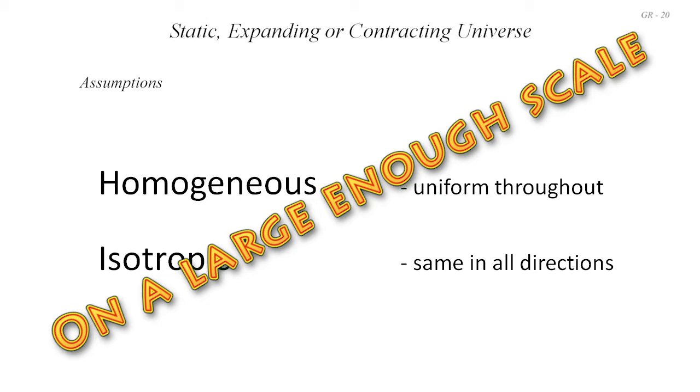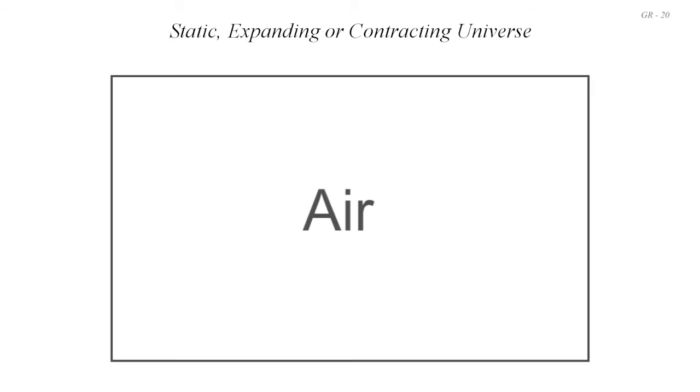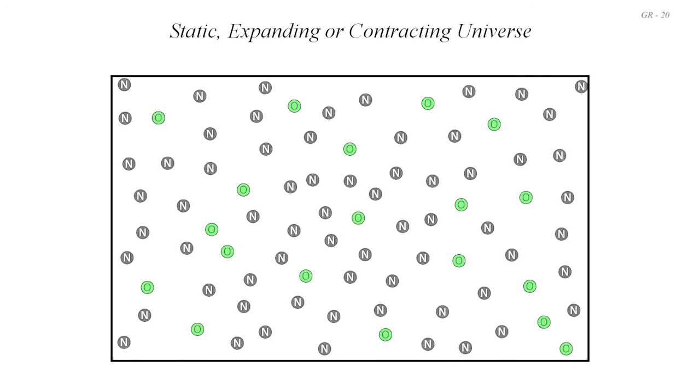And perhaps the following illustration will help a little to see the meaning of the words homogeneous and isotropic in this context, and also help to appreciate the phrase, on a large enough scale. Suppose we had a large container full of air, containing oxygen molecules, nitrogen molecules, and other molecules.